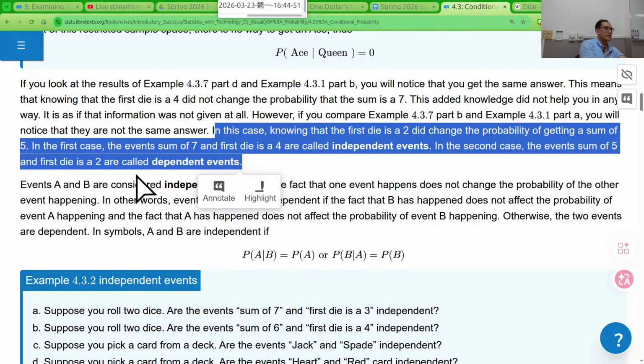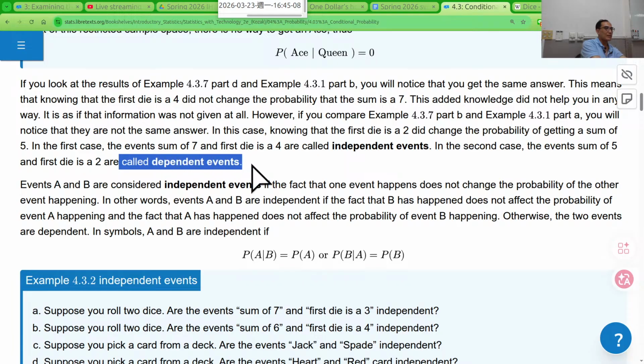In the first case, the events sum of 7 and first die is 4 are called independent events. In the second case, the events sum of 5 and first die is 2 are called dependent events.